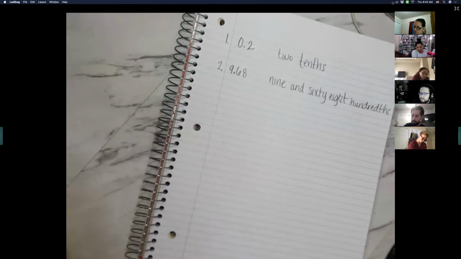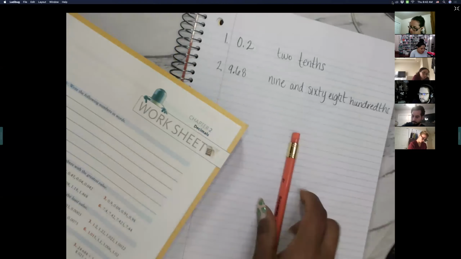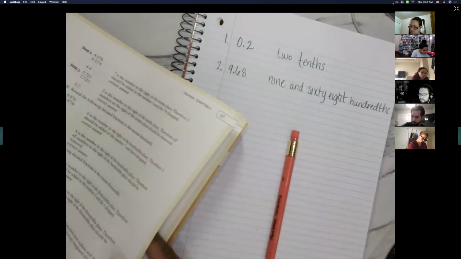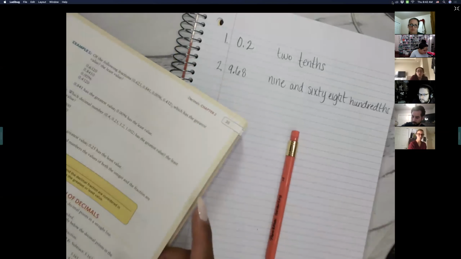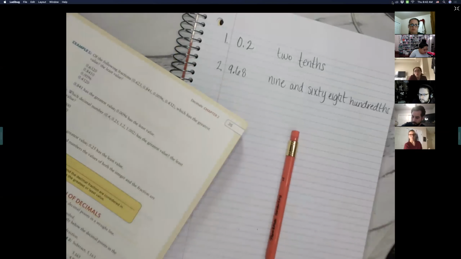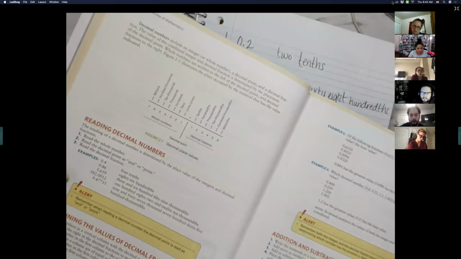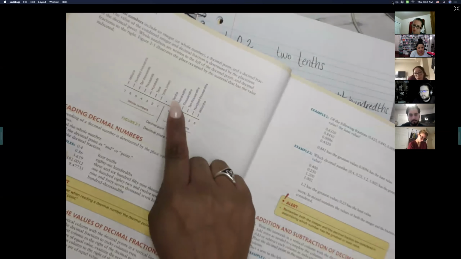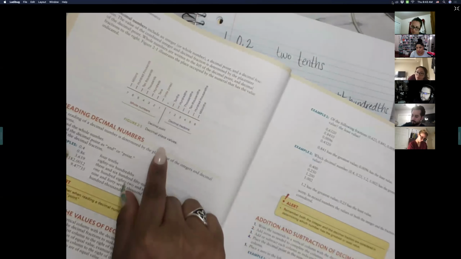If you guys have forgotten the names of your place values for your decimal places, a good page to go back and review is the top of page 34. The top of page 34 gives you a place value chart.